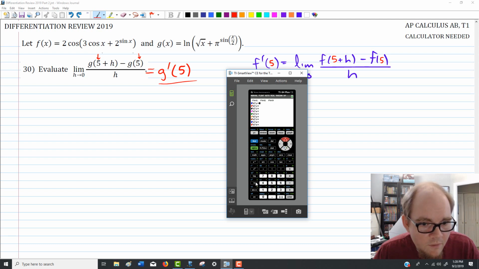So as far as g of x, we've got natural log of the square root of x plus pi to the sine of x over 2. And you know what? I'm just realizing this is probably a bad choice to make this y1. So let's just put in the two functions as they are. So even though we only need g for this one, let's just put them both in. 2 cosine of 3 cosine x plus 2 to the sine of x.